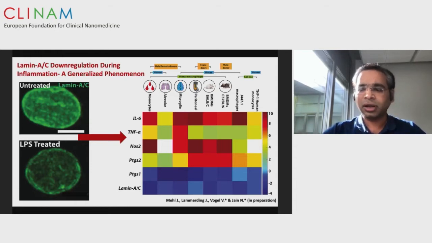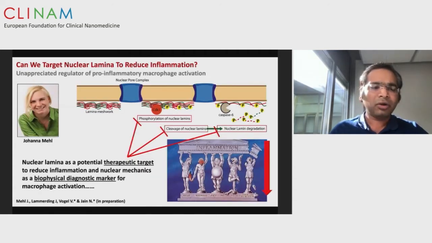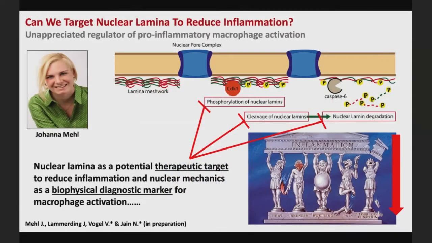And the question now is, can we target this Lamin downregulation in order to change the inflammatory activation of immune cells? I won't get into the detail of all the drugs because of the time constraints, but we have now shown, and the work has been done by Johanna Mell, a fantastic graduate student, that if we inhibit the phosphorylation of Lamin, or the degradation of Lamin, or the downregulation of Lamin by targeting these different events, we can reduce the inflammatory activation of immune cells.